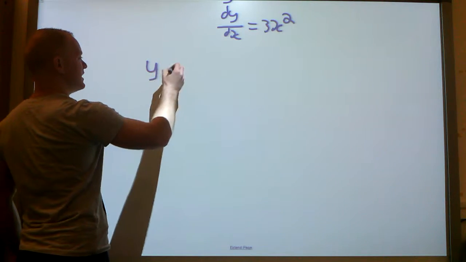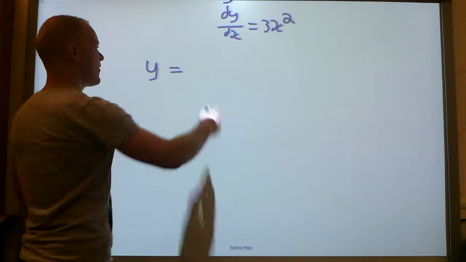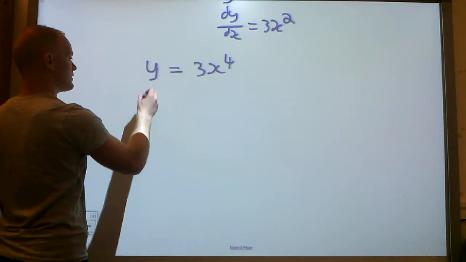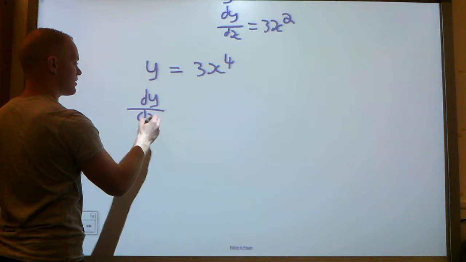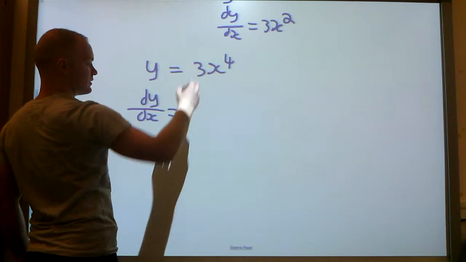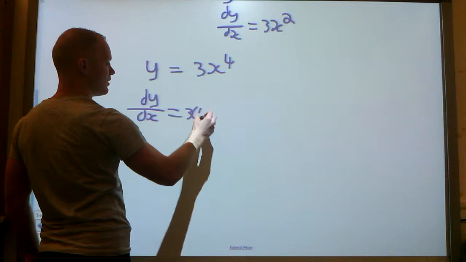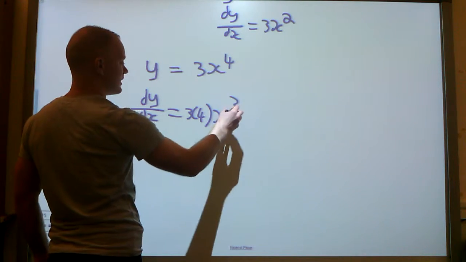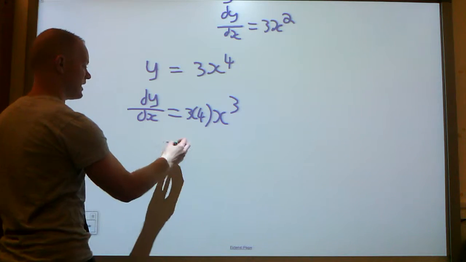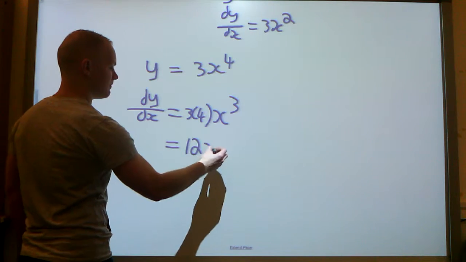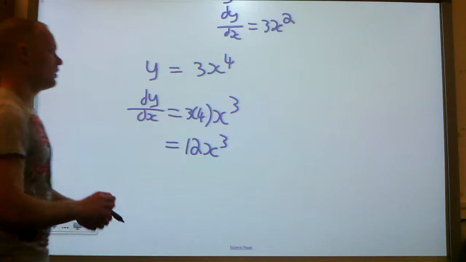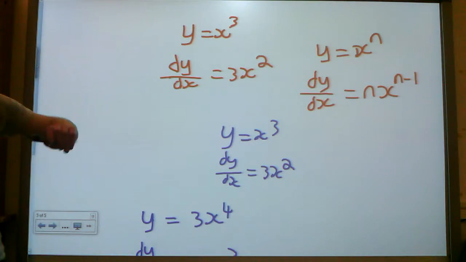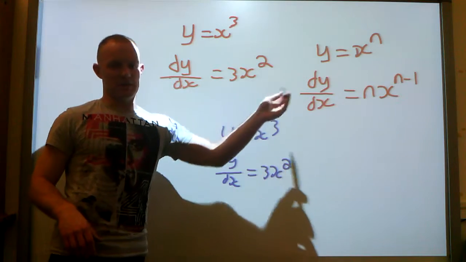If y was equal to 3x to the power of 4, okay, dy dx, remember your formula here, you bring the power down, so it's 3 times 4, and we reduce the power by 1, which is 3. So the answer is dy dx is equal to 12x cubed. Okay, so that gives us a general formula there for dy dx from x to the power of n. dy dx is n times x to the power of n minus 1.